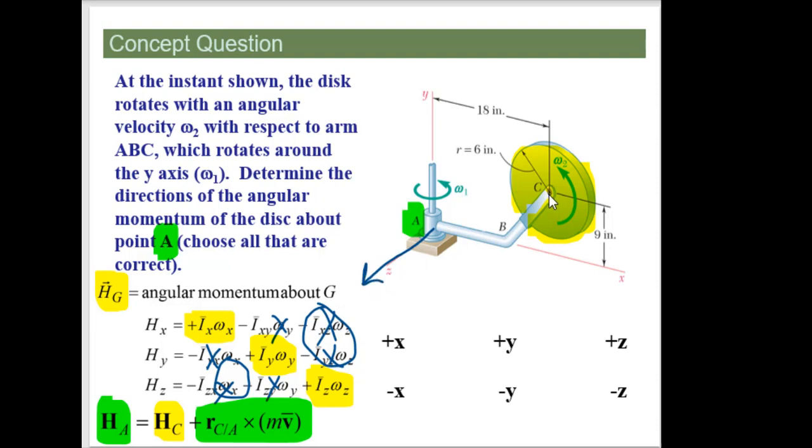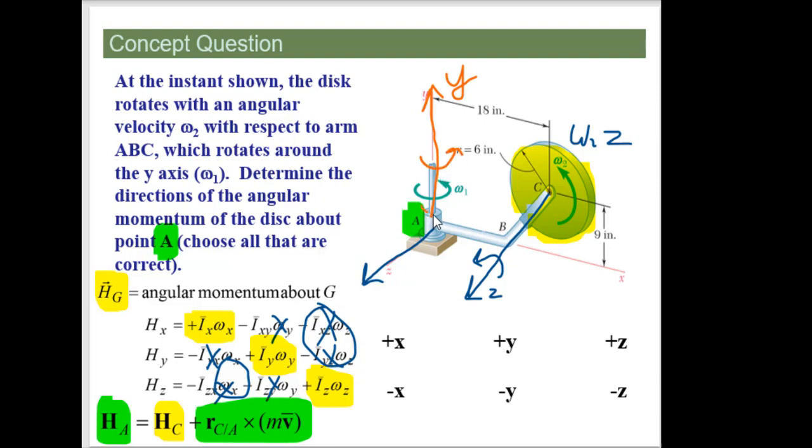And if you look over here at omega 2, it is spinning around the z direction. Okay, so we have omega 2 in the z direction. And then omega 1, what direction is it in? So here is the y direction.